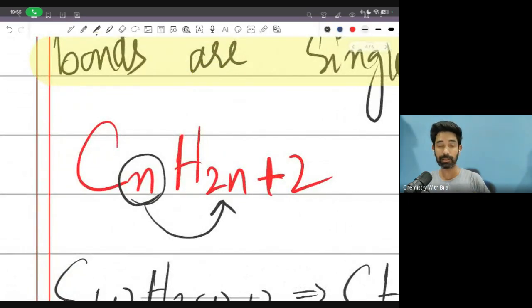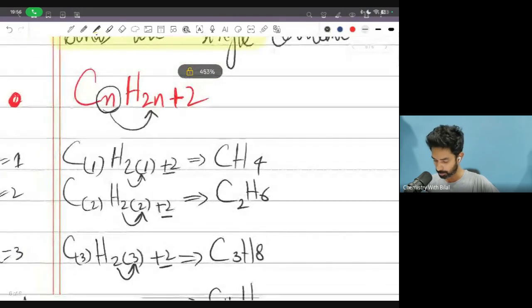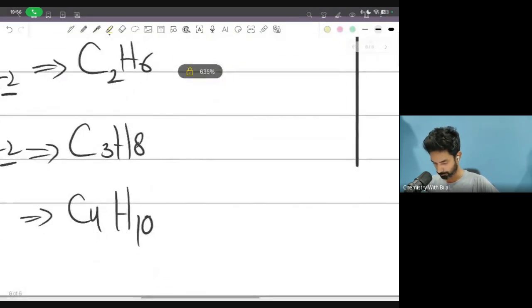You replace n with any number, and it will tell you the hydrogen atoms attached with that alkane. But look at the sequence. Whatever the number of carbon atoms, imagine 2 carbons, the hydrogens are double and then 2 more than double. That's the sequence. For example, we have 4 carbons.